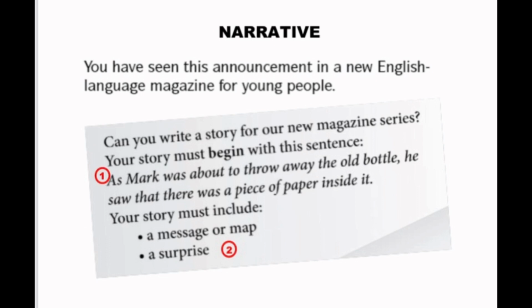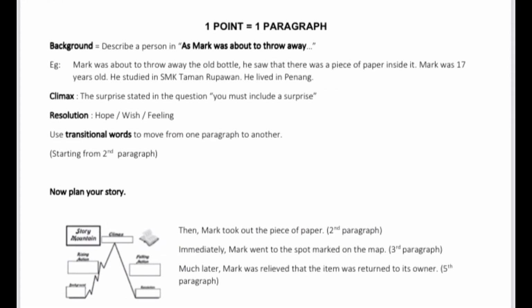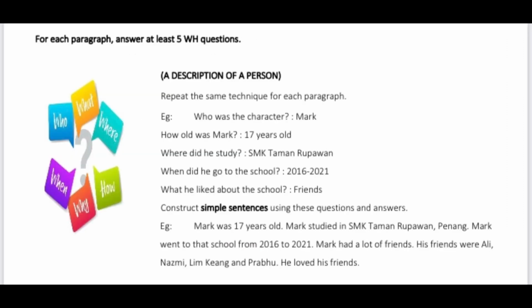Now we have to start the story with the sentence given to us, which was, as Mark was about to throw away the old bottle, he saw that there was a piece of paper inside it. Okay, now in the background, you should describe the character, which is Mark. How do we do that? Ask ourselves the WH questions to describe Mark.